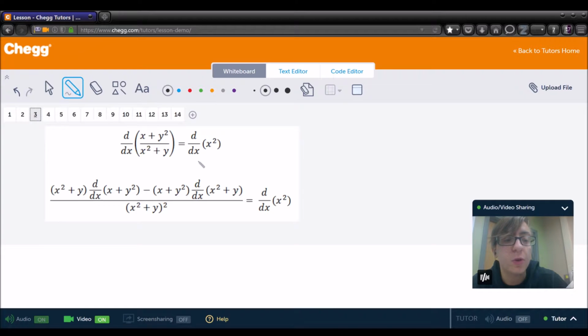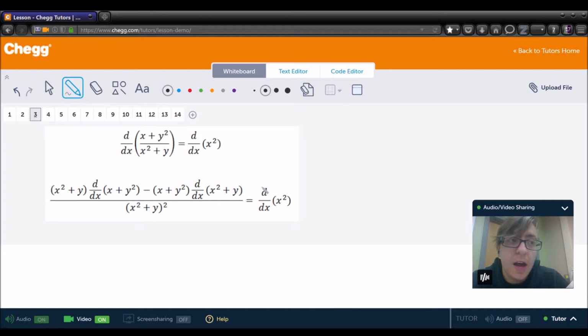So the low, x squared plus y, times the derivative of the high, x plus y squared, minus the high, x plus y squared, times the derivative of the low, x squared plus y. And then it's all over x squared plus y squared.